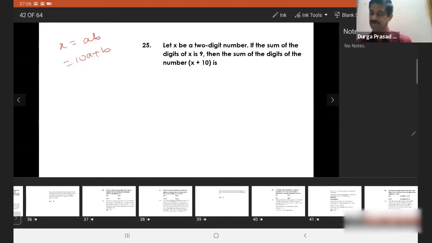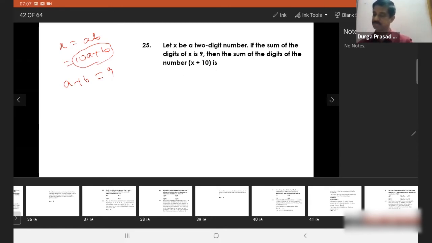I'm talking about place value. Now what is it that he says? If the sum of the digits of x is 9, A plus B equal to 9, then the sum of the digits of the number x plus 10.